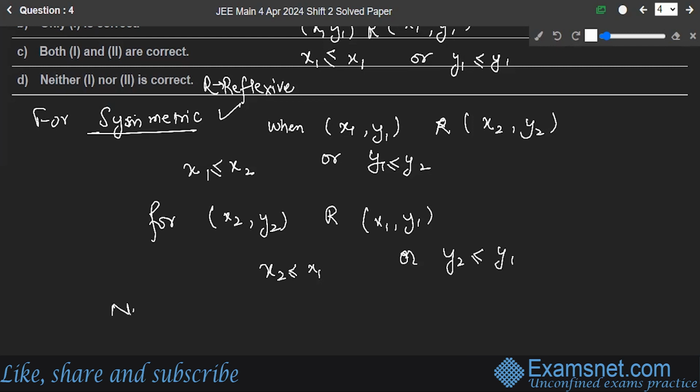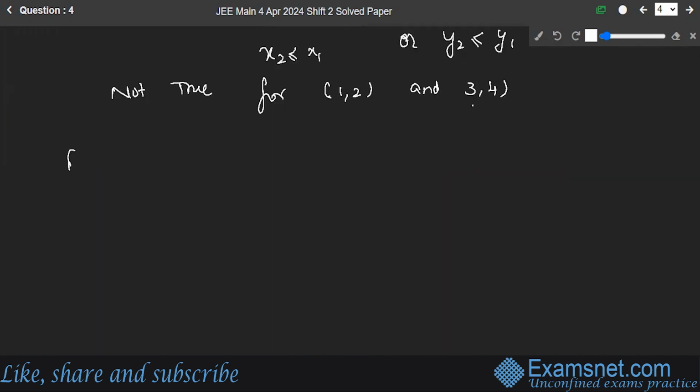This is not true for entries like (1, 2) and (3, 4), because 3 is not less than or equal to 1, and 4 is not less than or equal to 2, whereas the vice versa is right. So that means they are not symmetric. Okay, let's check for transitive now.